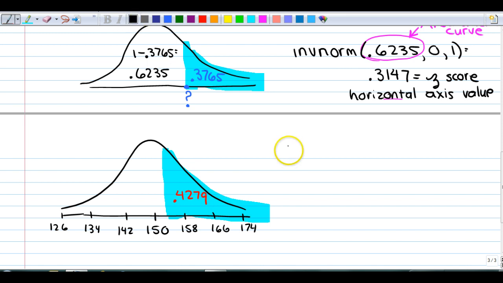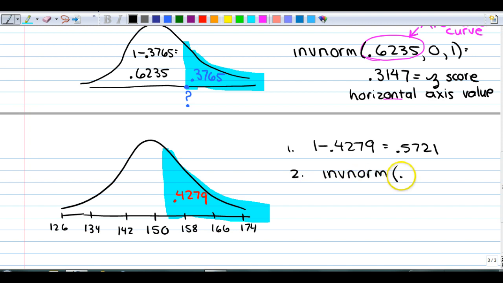First thing I have to do is find the area to the left, 1 minus 0.4279. That's 0.5721. Second thing I want to do is INVnorm my area to the left, my mean, my standard deviation.